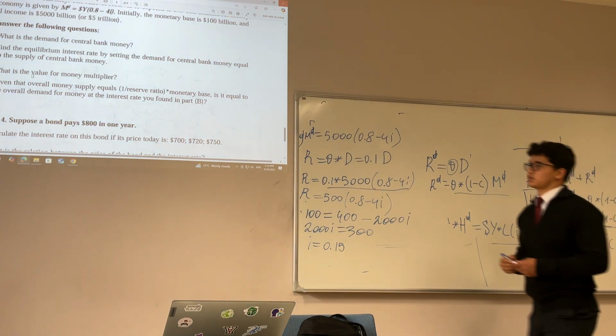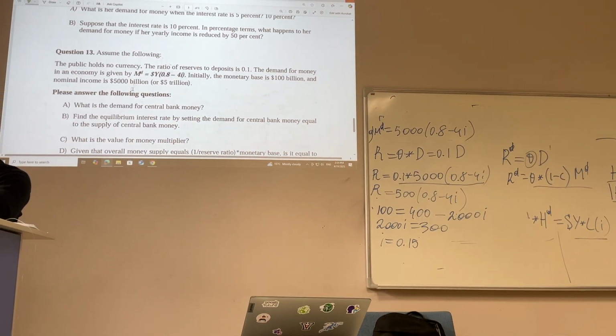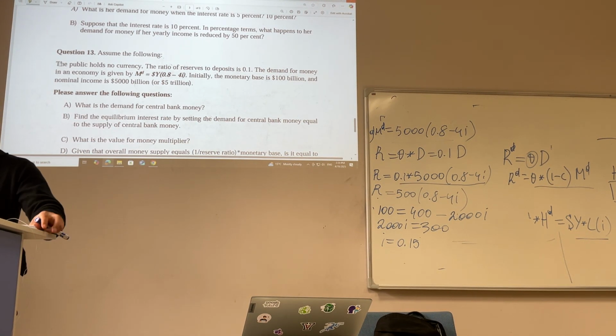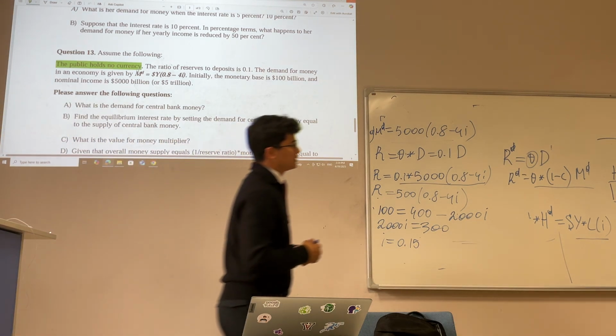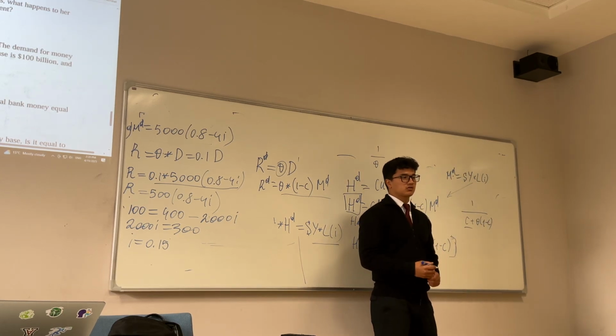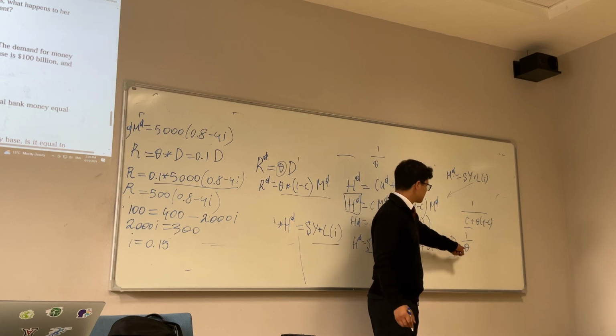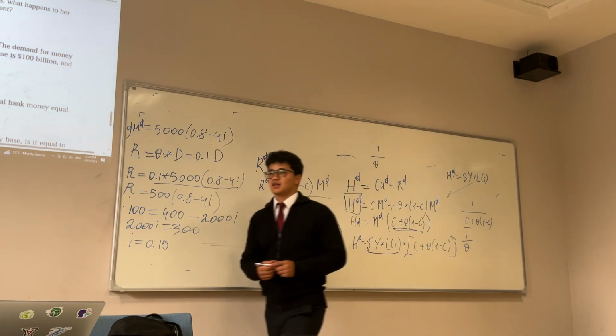But if you look at the question carefully, the public holds no currency. Which means that our C is equal to 0. When C is equal to 0, our money multiplier is like this, and our ratio is 0.1. That's why we are getting 10.